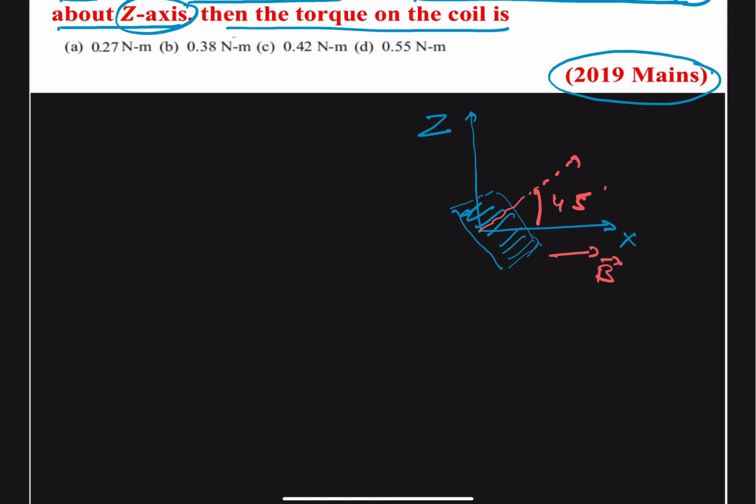So there will be torque induced in this current carrying coil in this case, and the torque is given by tau is equal to NIAB sine of theta.